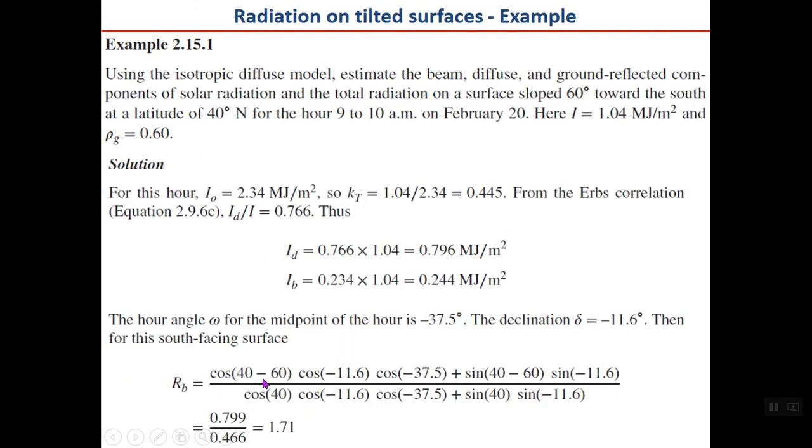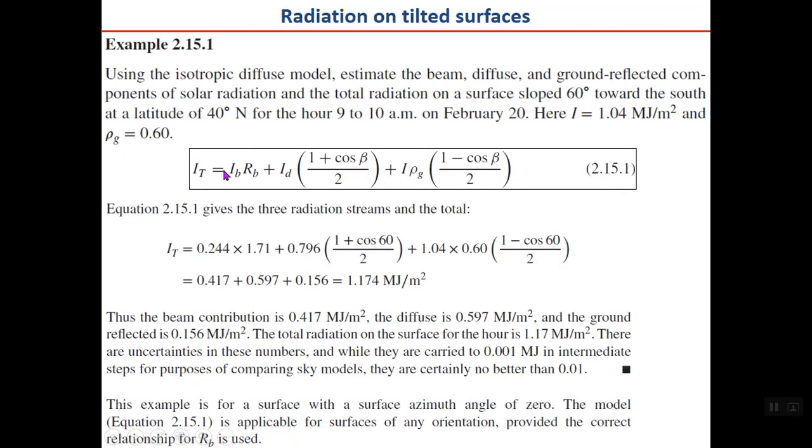RB can be calculated from the formulas in chapter 1, and the value is 1.71. Substituting all the values in the equation, you can calculate the total radiation on the tilted surface given in the example. This part is the share of beam radiation, this part is the share of diffuse radiation, and this part is the share of ground reflected radiation.